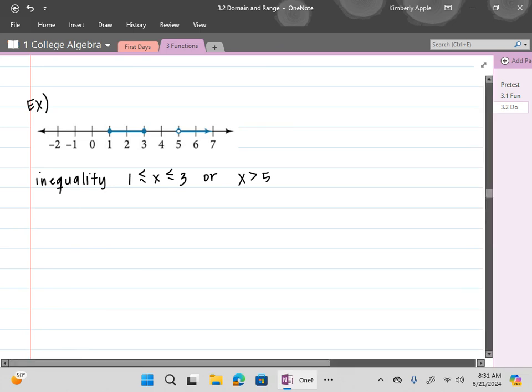All right, now let's do the set builder. Set builder includes curly braces because it is a set, and includes all x such that this, the inequality just goes there.